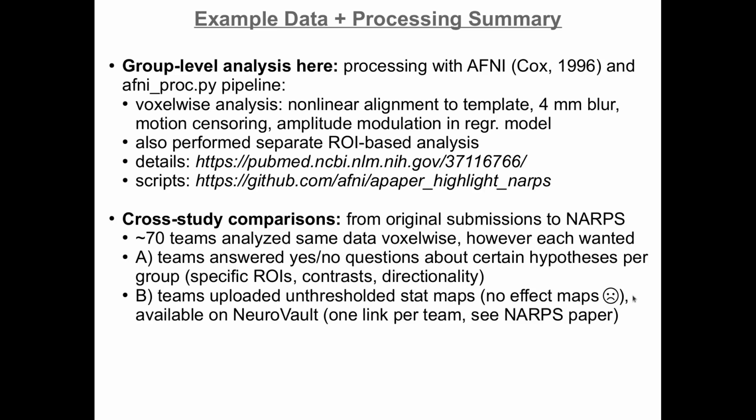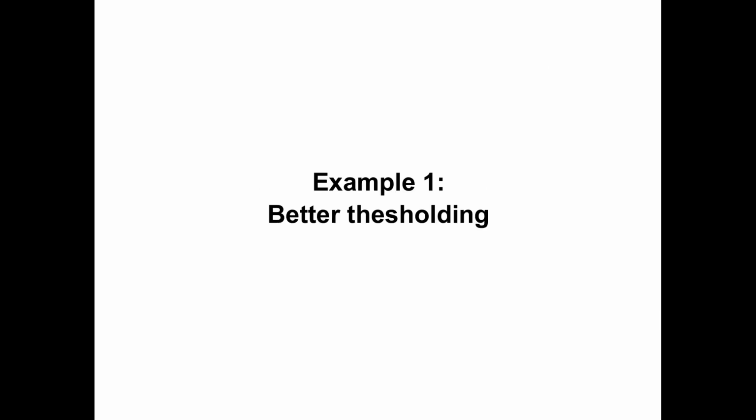And going back to the first part of this lecture, it's a shame that the effect estimates weren't also emphasized. But in this case, it is nice that the statistics maps were then made public on NeuroVault with one link per team, and those are available. And we're going to look at these here as well to get a sense of the actual variability of the data in more detail.